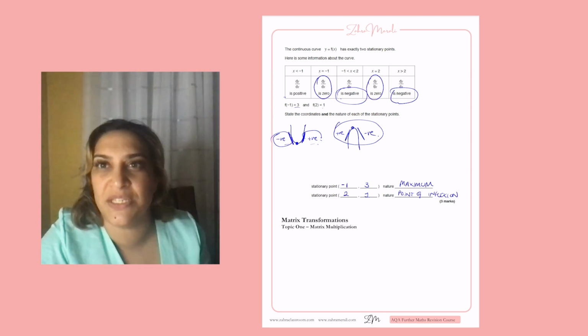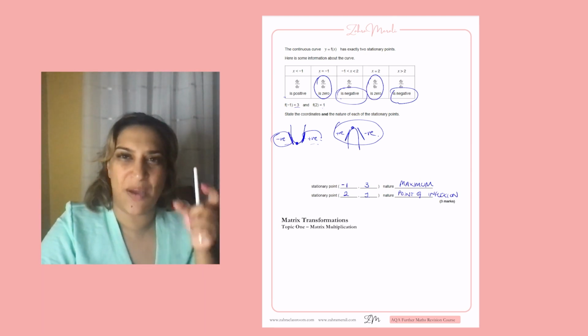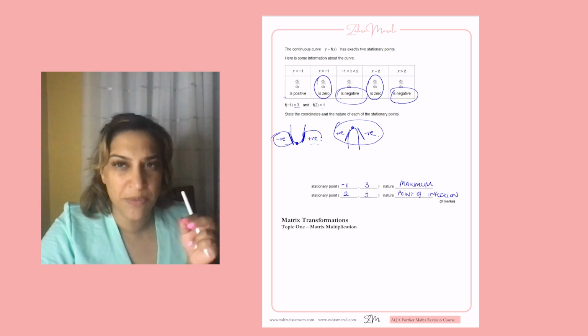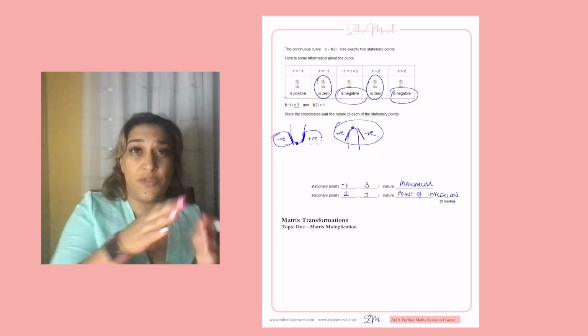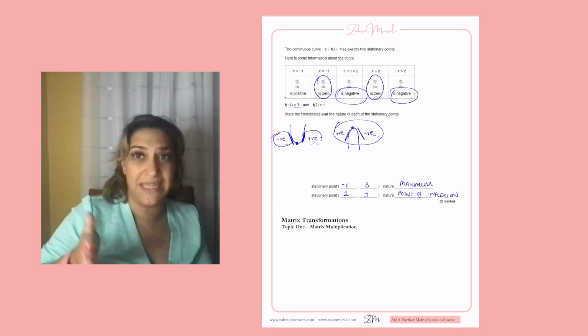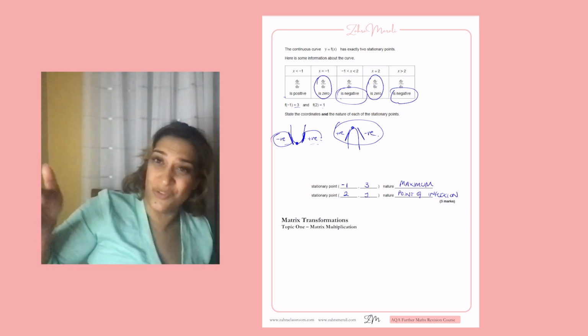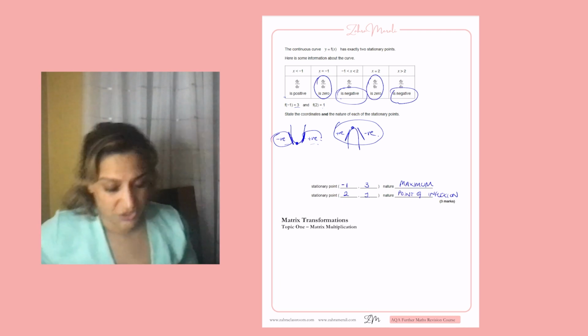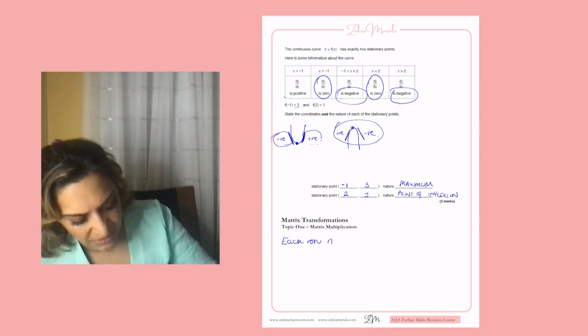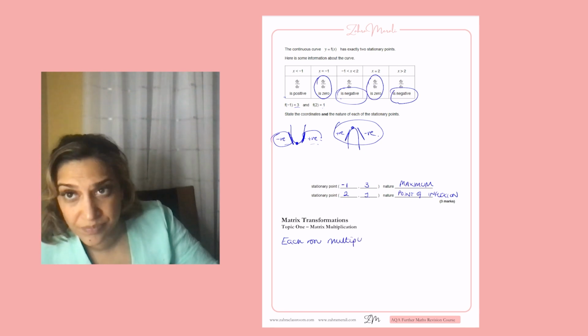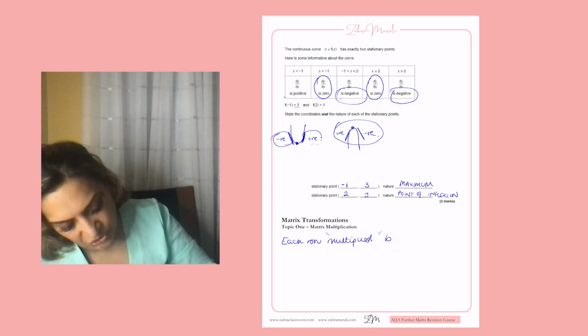So everything is pairwise. Now, when we multiply a matrix, it goes on the front. So if you do A multiplied by B, it's BA, not AB. So each row is multiplied by each column.